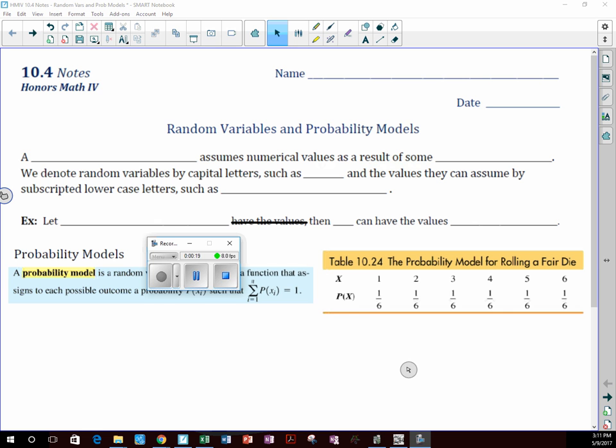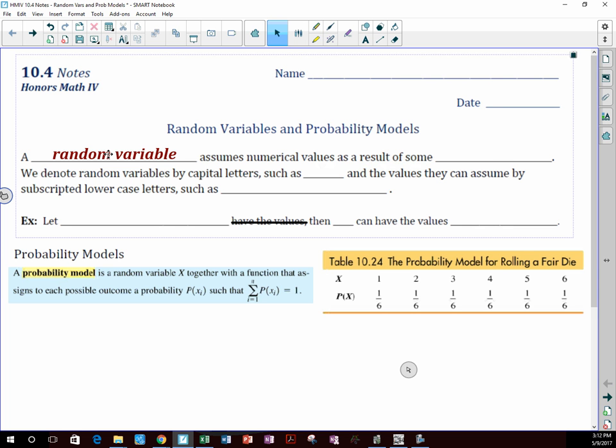A random variable assumes numerical values as a result of some event. We denote random variables by capital letters such as capital X, and the values they can assume by subscripted lowercase letters such as x1, x2, x sub 3, and so on.